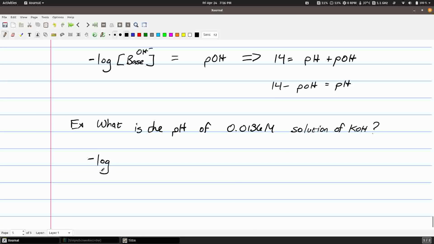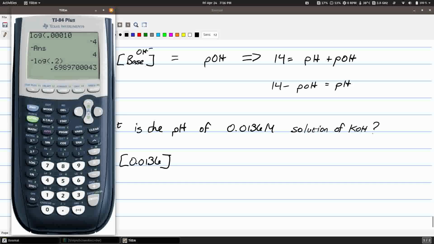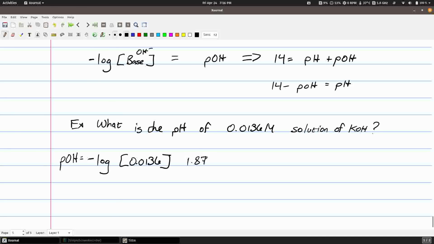First, we find out the pOH. pOH is negative log of 0.0136. Let's do that in the calculator. Negative log of 0.0136, and that's going to be about 1.87. So now we do 14 minus 1.87 equals pH. That's going to be 12.13.